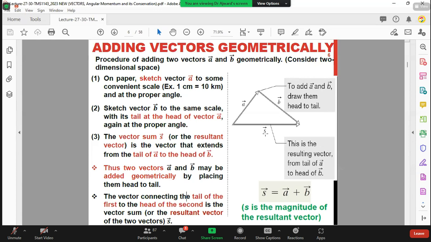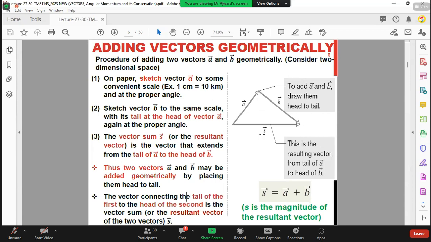That vector connecting those two points is the resultant vector. In this case, it is S. So any questions? Everyone good with this?